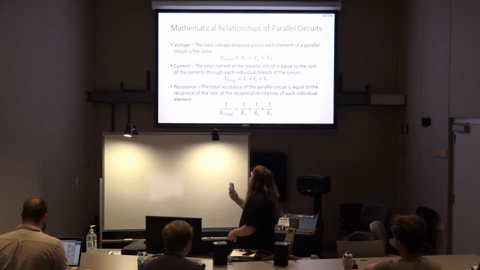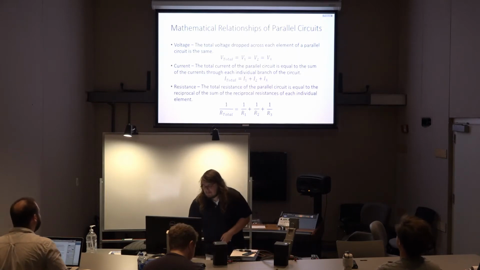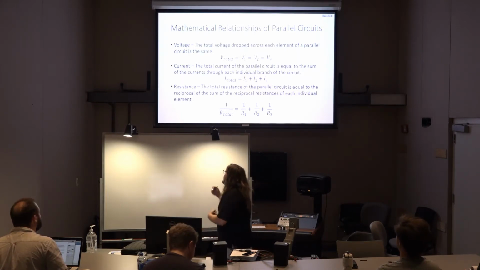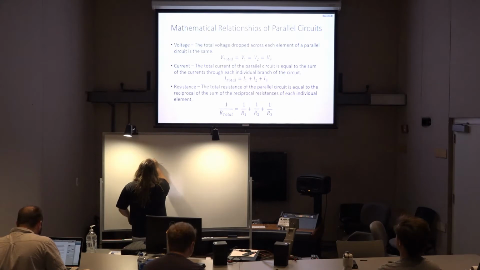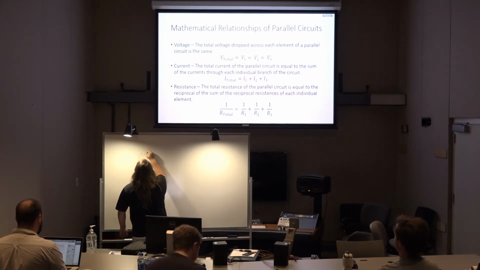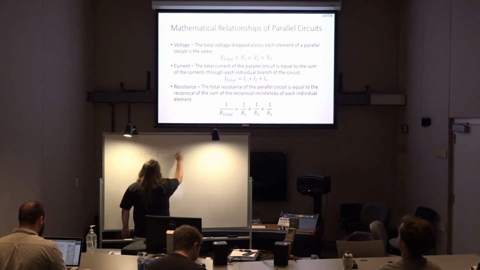All right, let's. Oh, that's already frozen there. Okay, so now we're going to draw the same kind of circuit as before, in that the voltage source is the same.